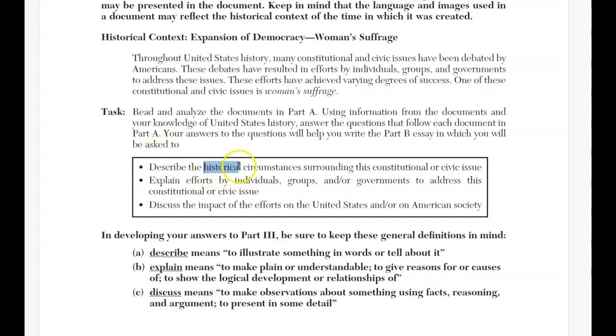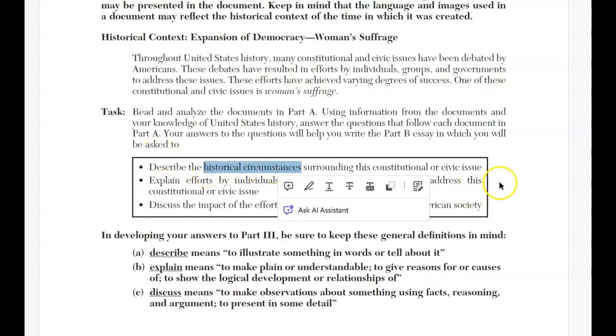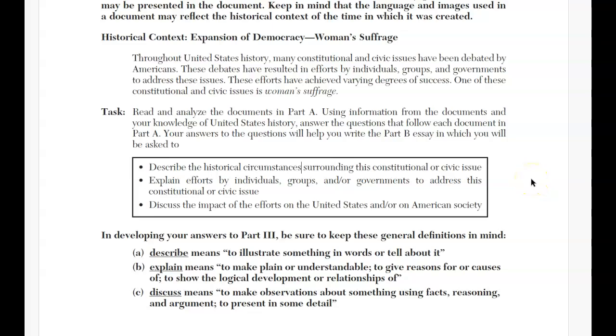You have to describe the historical circumstances. That means outside information must be in there. Second, efforts by individuals, groups, governments. That means plural, at least two.